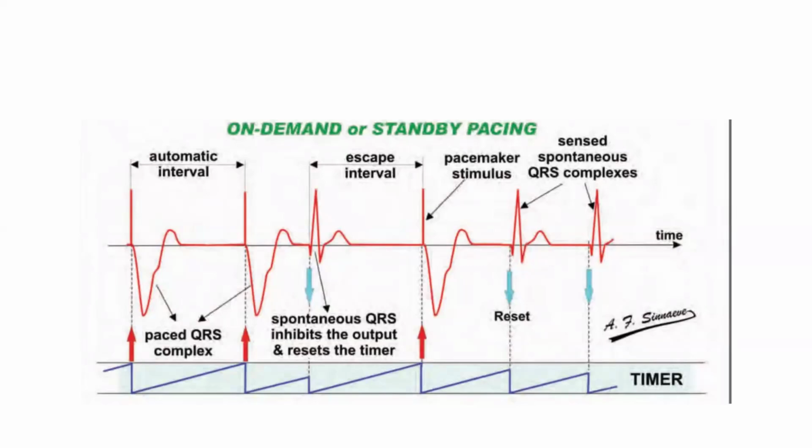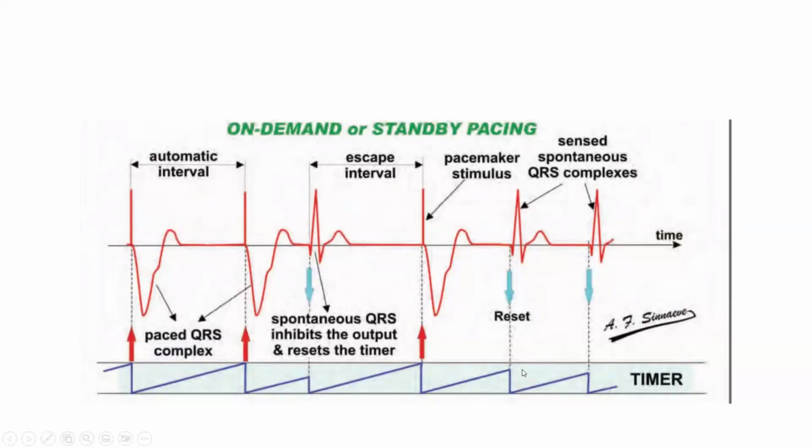This QRS complex inhibits the pacemaker and the pacemaker starts counting from the start and finishes without finding any QRS complex, so it ends with a spike. And if we measure the interval between the intrinsic QRS complex and the following spike, it's similar to the lower rate interval. We call it the escape interval, just a naming, after a native QRS complex. Then in the last two beats, the heart is beating on its own.